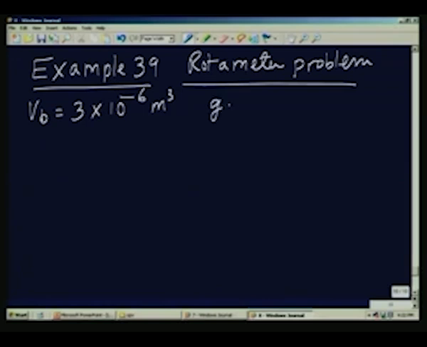And of course, we will assume g is 9.81, the standard value. Vb is the volume of the bob, and the diameter of the tube at the bottom is 15 millimeters, that is 0.015 meter, and the diameter of the bob is also equal to that.